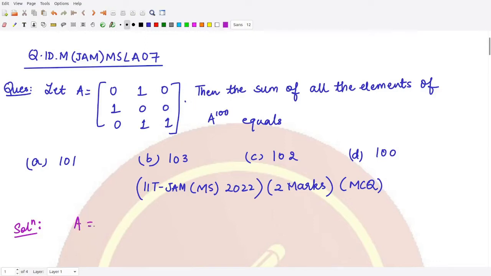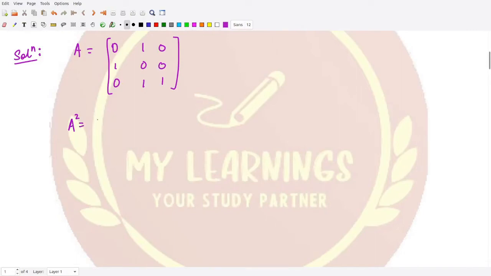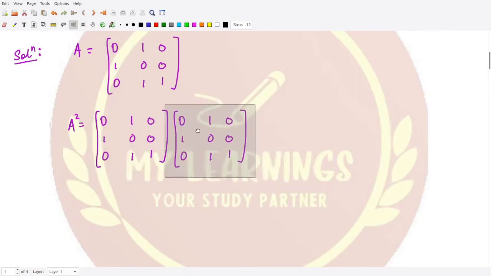We are given this matrix A as 0 1 0, 1 0 0, 0 1 1. Using this matrix, we could calculate the square of this matrix. That's easy, we could multiply the matrix A twice. Let me copy this matrix down, and then this matrix, and we multiply both of these matrices.